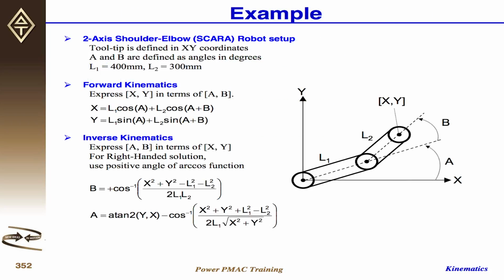So this is our example. This is a two-arm linkage SCARA robot, and for forward kinematics, let me define the axis first. The first thing you have to do is define your axis, meaning if the tooltip is on a plane like this, then of course you can define x and y, but you can define something else.